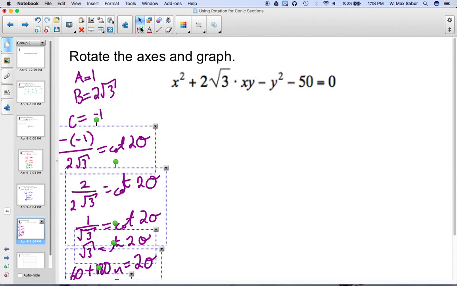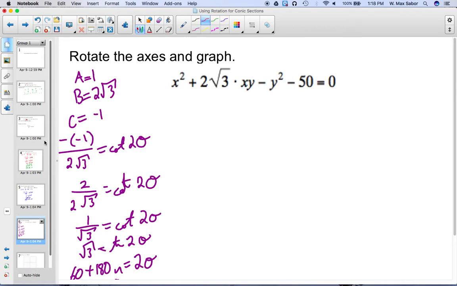We need to figure out, if we're rotating by 30 degrees, what's going to happen. Well, x equals x prime times cosine of 30 minus y prime times sine of 30.